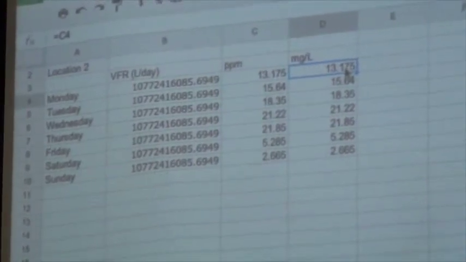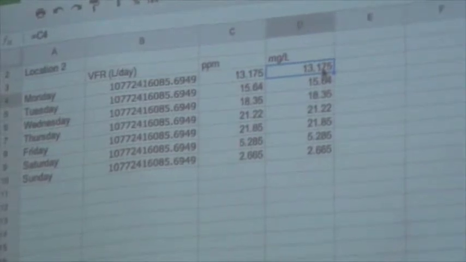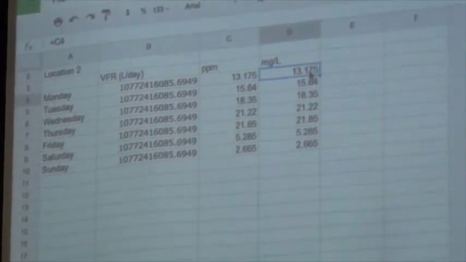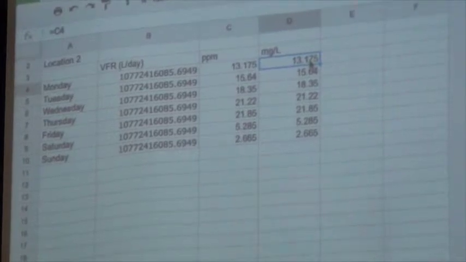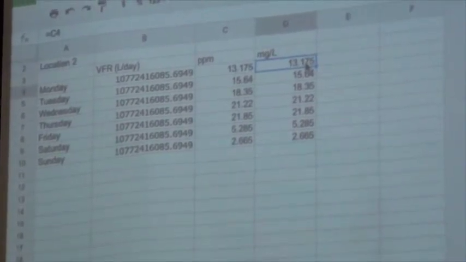Okay, this is where the situation gets to be too much math to do. Type in 107724416085 times 13.175, and then write that number out. It's a big process, but let's figure out what it is. Let's calculate what number we would have.